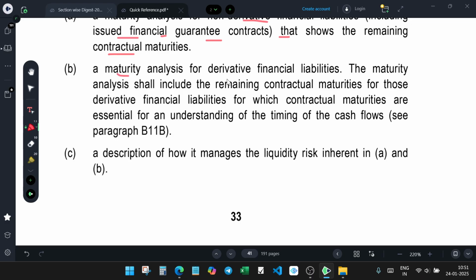The maturity analysis of derivative financial liabilities shall include the remaining contractual maturities for those derivative financial liabilities for which contractual maturities are essential for understanding the timing of cash flows. See paragraph B11B. Okay. Sometimes the liability is not a term loan. After 3 years, you need to pay the loan back. Until then, there is interest only.